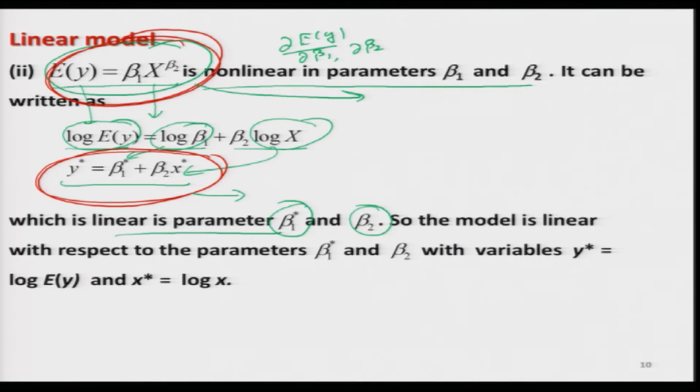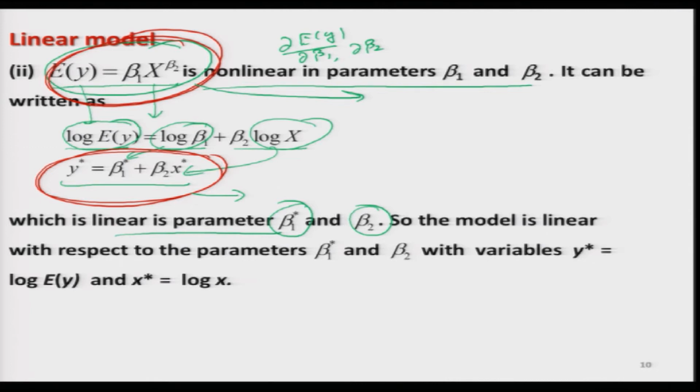So, these are now two different models. In one case the parameters are beta 1, beta 2, and in other case the parameters are log of beta 1 and beta 2, which are indicated as beta 1 star and beta 2.